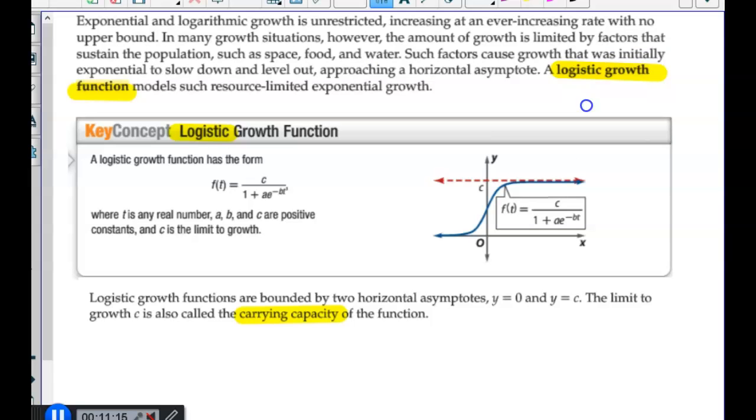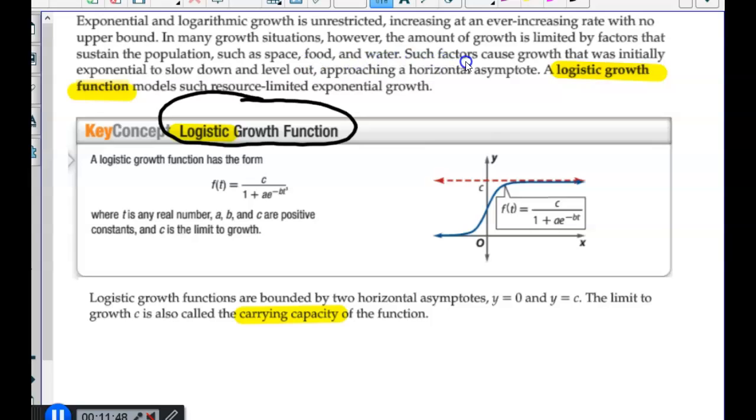All right. I have some more examples here. We used this yesterday, this logistic growth, okay? Exponential and logarithmic growth are unrestricted. They increase forever with no upper bound. In many growth situations, however, the amount of growth is limited by factors that sustain the population, such as space, food, water.